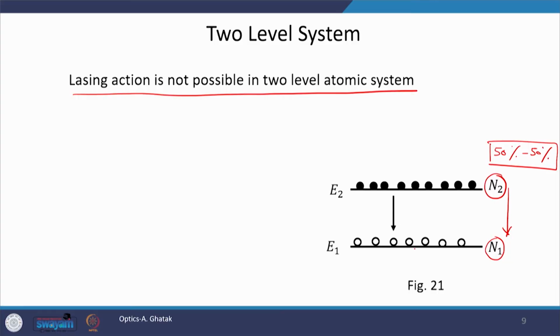Say initially in the lower energy state the population is less, then the rate of downward transition would be larger, and after a while a situation will come wherein the populations of the lower and upper energy states are equal. In this situation, the upward rate of transition would be equal to the downward rate of transition. This is the state of equilibrium, and we cannot go beyond it as long as only two levels are involved.